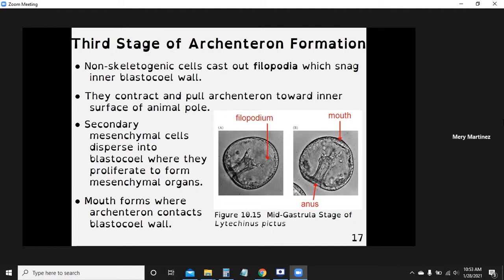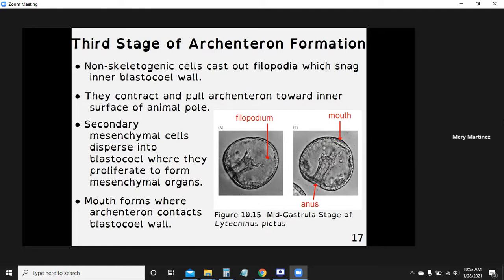So at the top of the Archenteron, where the blastocele wall is the target region and the non-skeletogenic cells disperse, this will become the mouth of the larvae, okay? And the initial blastopore becomes the anus of the individual.